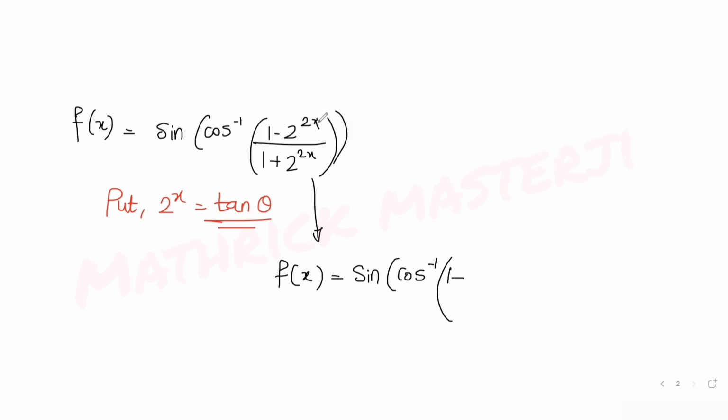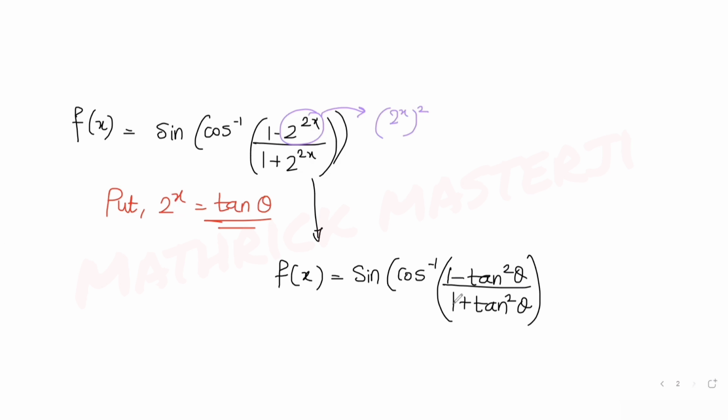But here we have 2 raised to 2x, so I can write 2 raised to 2x as 2 raised to x the whole square. That makes it tan square theta. So we get 1 minus tan square theta upon 1 plus tan square theta.